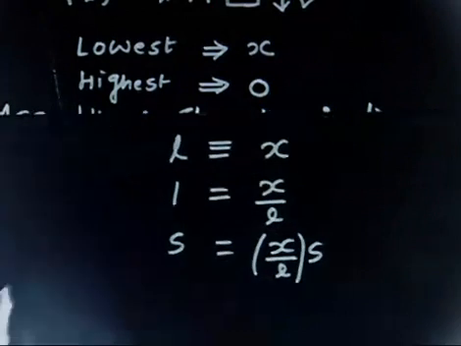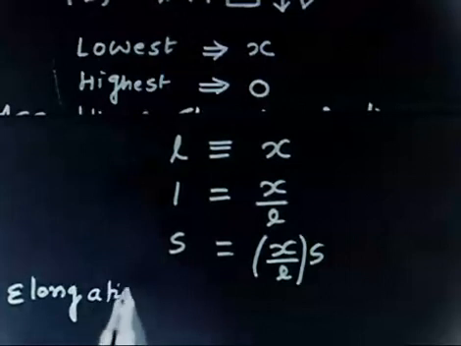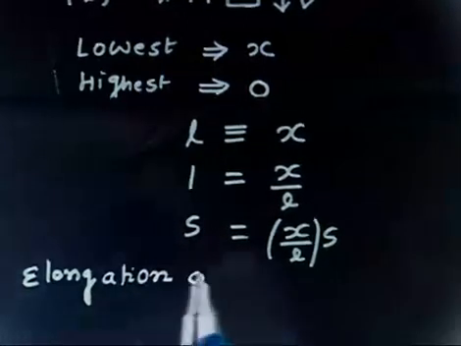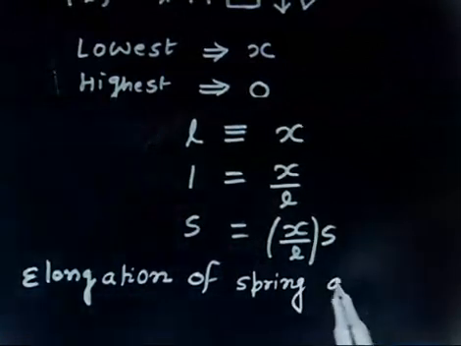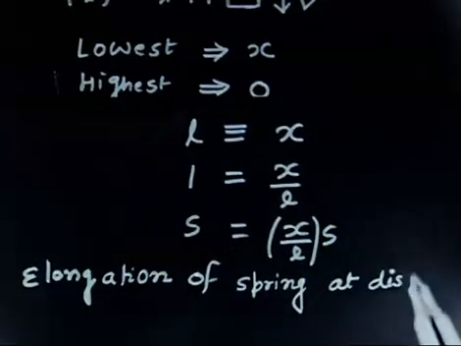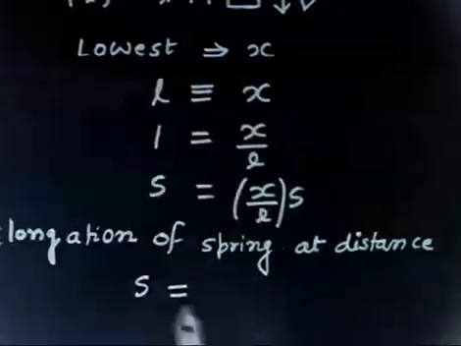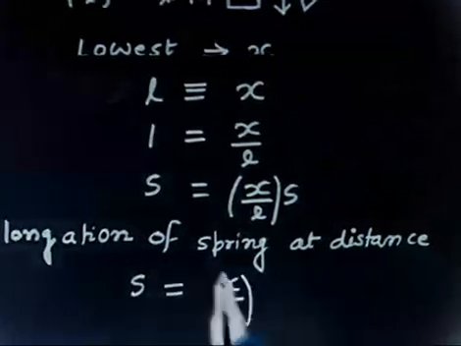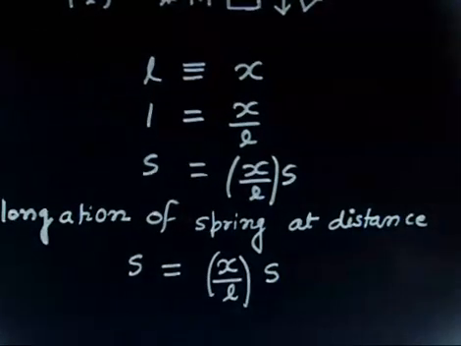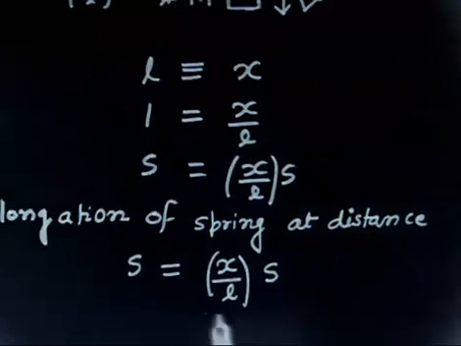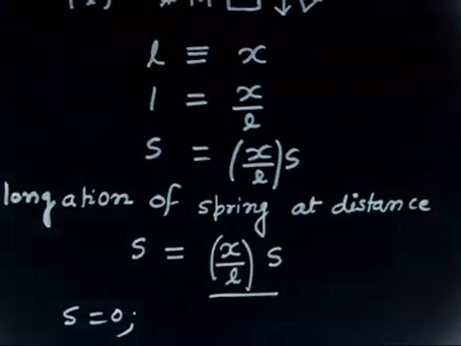So I can write now, and this is important: the elongation of the spring at distance S is equal to x by L into S. You can check when S is equal to 0, that is the point from here.